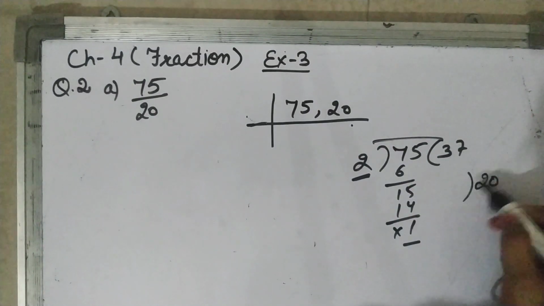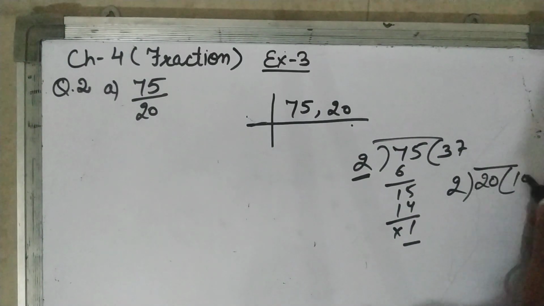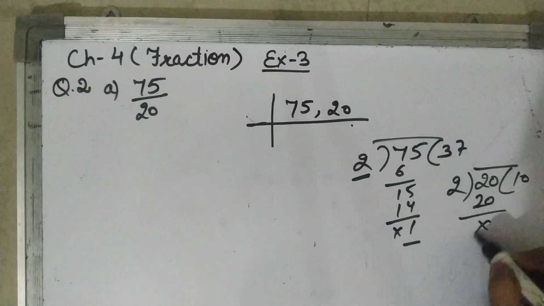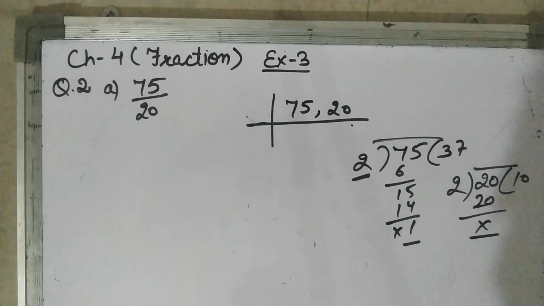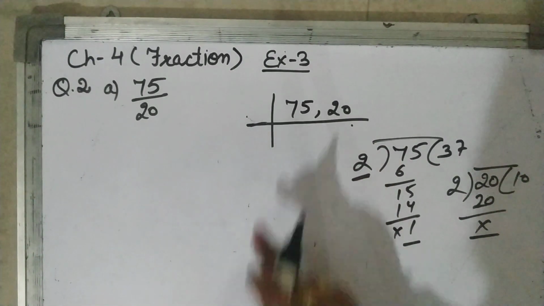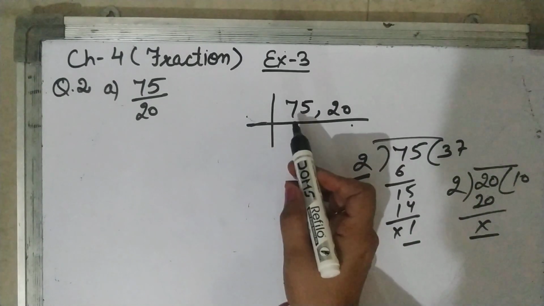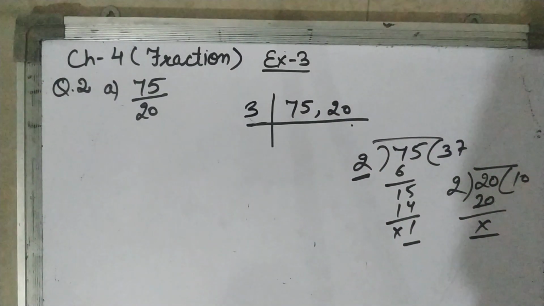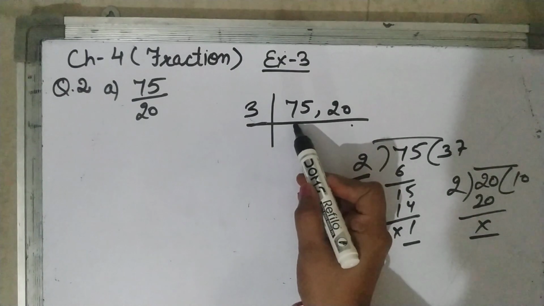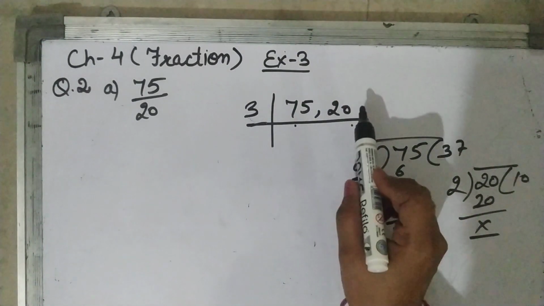When we divide 20 by 2, it is exactly divided, meaning no remainder here. The remainder is here. So 2 is a factor of 20 but not a factor of 75. In the same way, if I am taking 3, 3 is a factor of 75 but not a factor of 20.